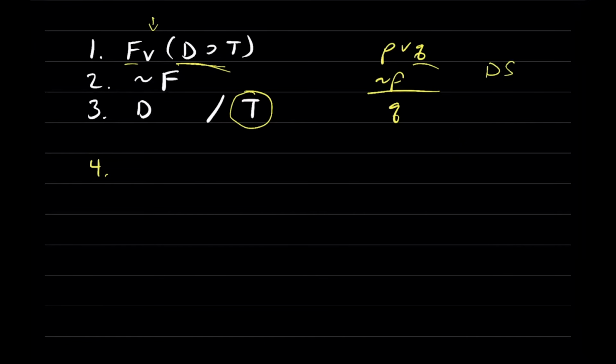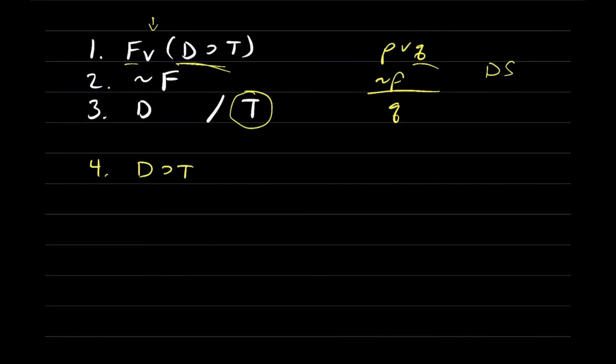So on line number 4, we know that if we have the negation of that first disjunct, the second disjunct has to be true. And the second disjunct in this case is this statement in parentheses, D implies T. Now, when you're doing a proof, you have to cite what premises you concluded that new line from and the rule that you used to deduce it.